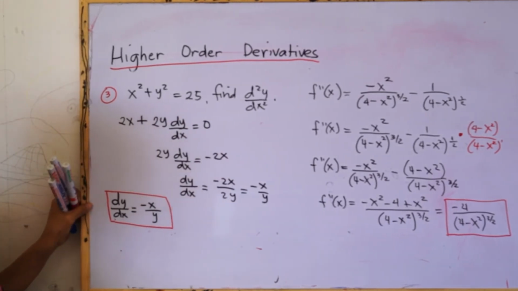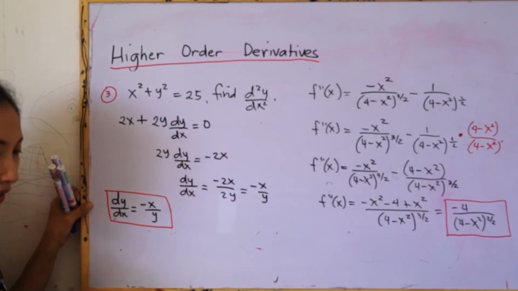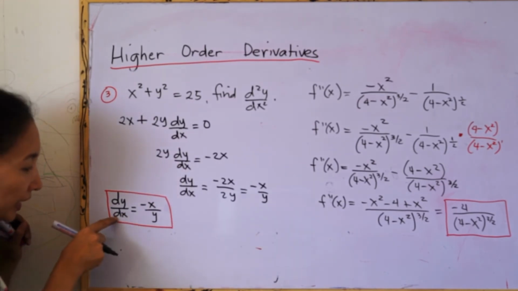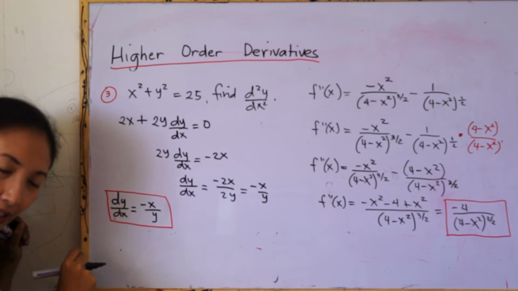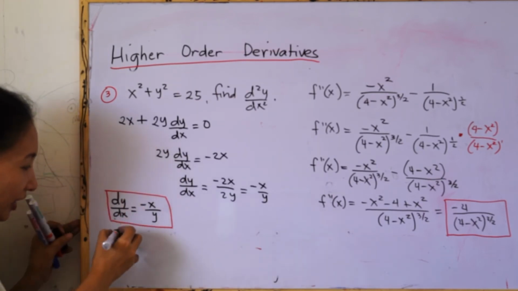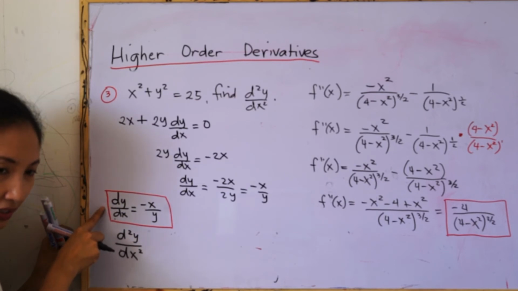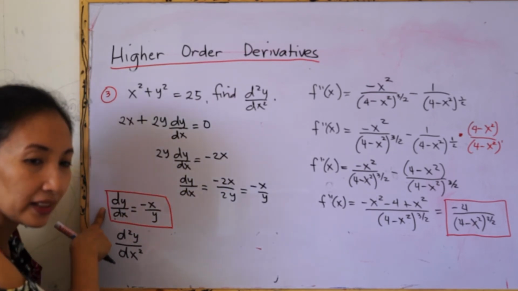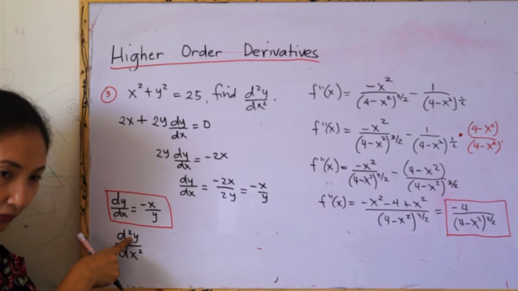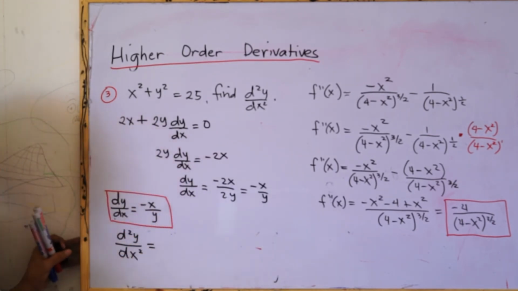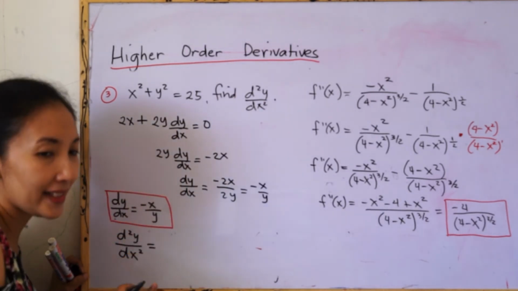Just the same, we take the derivative of both sides of the equation. If I get the derivative of dy over dx with respect to x, then that is already d squared y over dx squared, because this is already the first derivative. So the second derivative of y with respect to x equals... now, look at the right side.